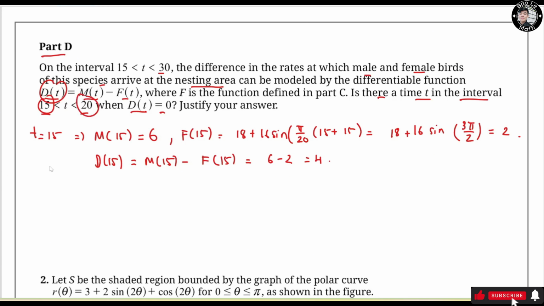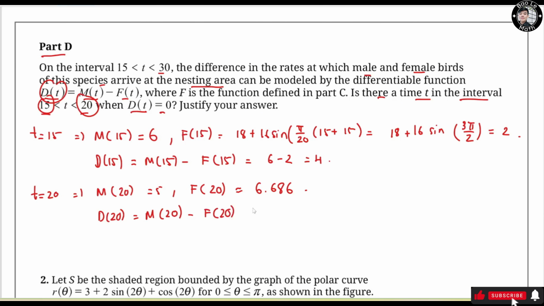Now we do exactly the same thing for t equals 20. Then we have d of 20 is going to be m of 20 minus f of 20. So it's going to be approximately -1.686.